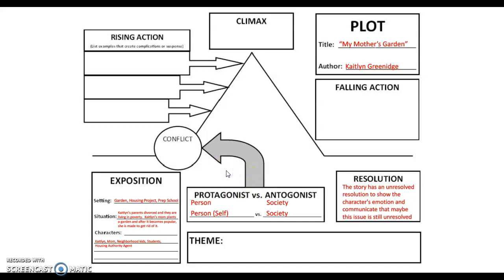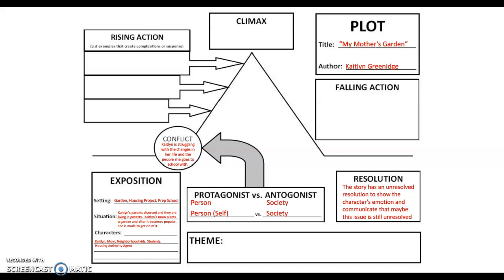And then we're thinking about, as we get into the conflict, Caitlin is struggling with the changes in her life and the people she goes to school with. So that's basically society, or that's also kind of the internal struggle of the changes in her life. So pause the video now, and you should write down everything else that we've added and read at this point. Go.